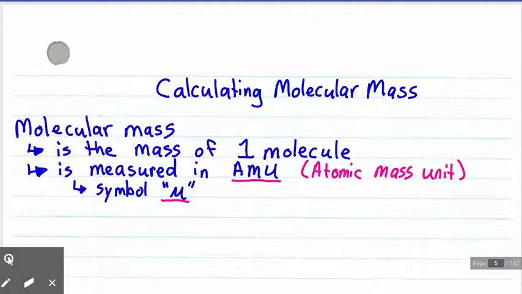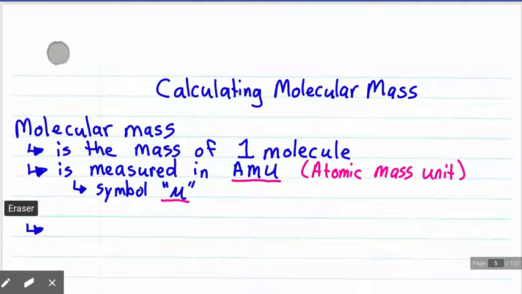And that atomic mass unit has the symbol of essentially a fancy cursive U. Now, this should be pretty straightforward, but basically we calculate our molecular mass by adding up the atomic masses of all the atoms in a molecule.